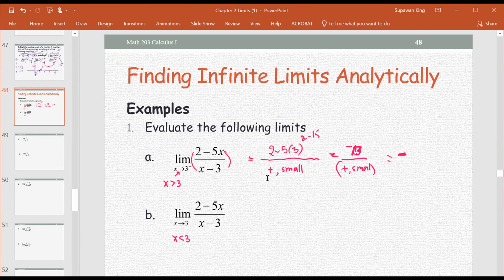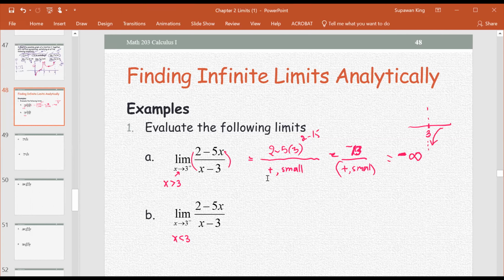And the notation that we use to represent a very large amount is infinity. Therefore, the limit of this function as x approaches 3 positive will approach negative infinity. In a graphical way, at 3 we know there is a vertical asymptote. As x approaches 3 positive, the graph approaches negative infinity.